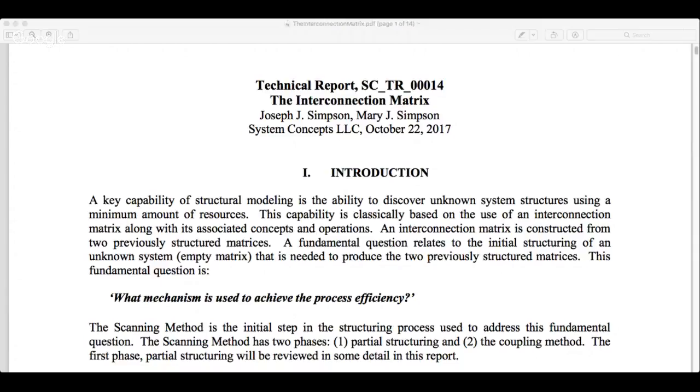So essentially, in structural modeling, one of the key benefits is its ability to effectively engage very large-scale systems. And it does this by using inference. You spend some resources, you get some empirical information, and then you use that information with mathematical inference to get a better insight into your system structure.